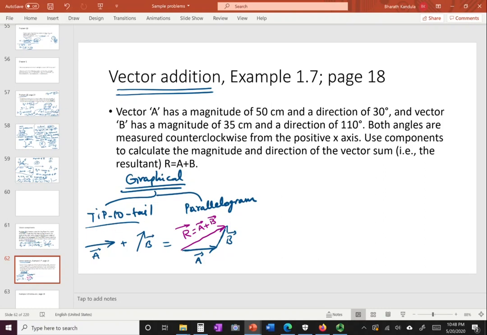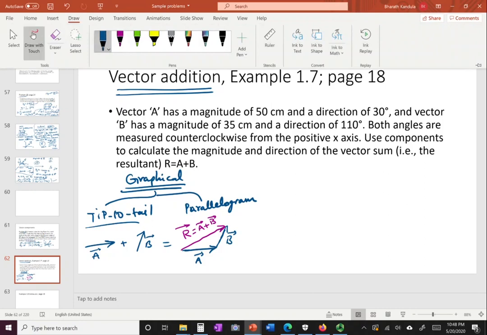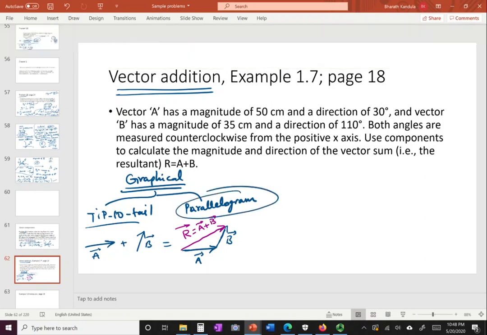Now let's look at the parallelogram procedure. So this is all tip to tail. Now in the parallelogram procedure, let's consider the same two vectors A and B, and you are adding these two vectors. Here you need to construct a parallelogram. So let's take vector A here, and now you need to add vector B at the tail of the first vector.